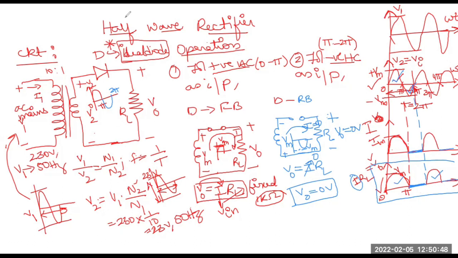That's the reason why you call this a half wave rectifier, based on the output wave shape. The classification that we have given for the rectifiers is half wave and full wave. So here in the half wave rectifier, for the complete cycle as input, output is only one half cycle.